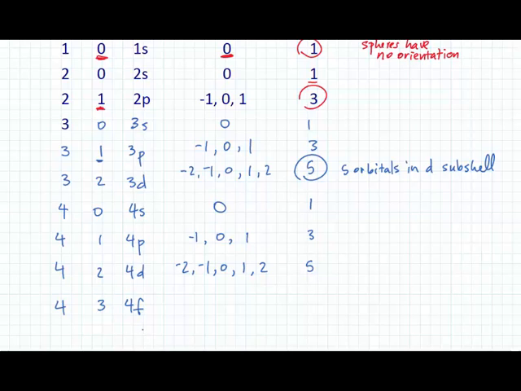Yeah, we go from negative 3 to positive 3. There are 7 orbitals in an f subshell.